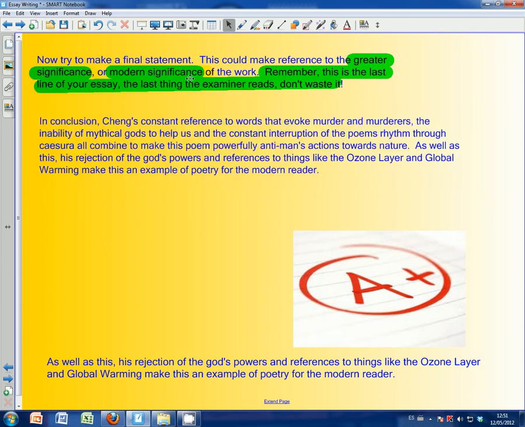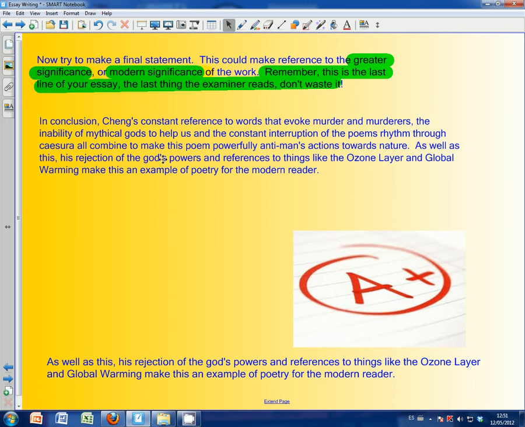This is a nice tactic because what it does is it makes the examiner think that not only have you studied this poem, but you've enjoyed the poem, and if he thinks you've enjoyed the poem, then he's obviously going to be more persuaded that you're an A-star pupil. As to enjoy it, you have to understand it.